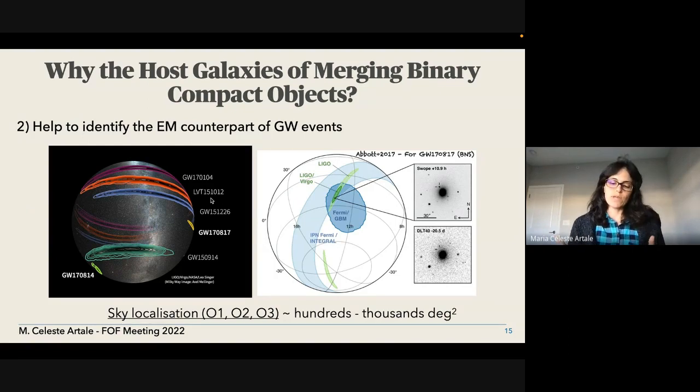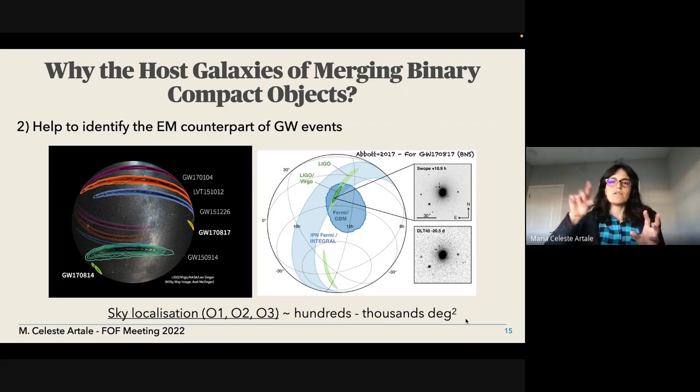What is happening now is that LIGO-Virgo-KAGRA is starting to release alerts when they detect a gravitational wave event. But the problem is that the sky localization, when they report this alert, is very, very wide. It's about hundreds to thousands of square degrees.